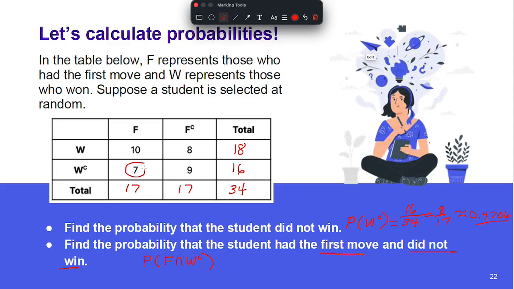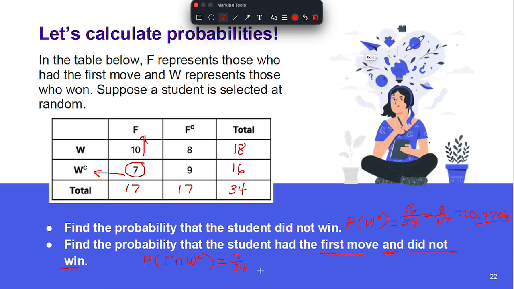So there were 7 that moved first and also did not win. Okay, so 7 out of 34 went first, had the first move, and did not win.